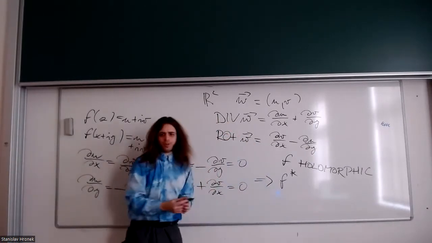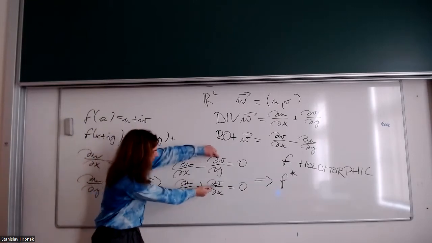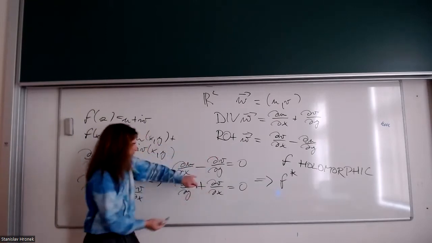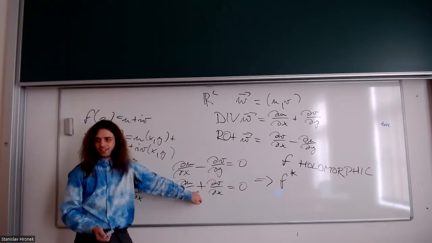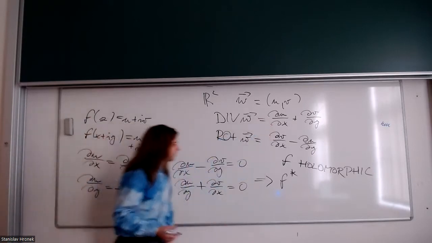because if we take the complex conjugate, the signs in the imaginary parts will flip, so we will have a plus here and a minus here, and everything will be exactly like these two expressions.